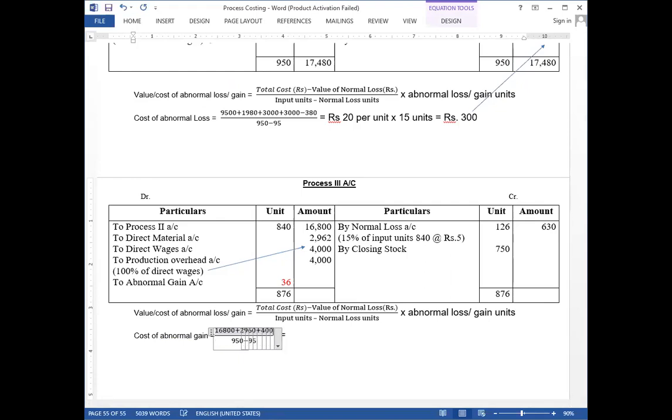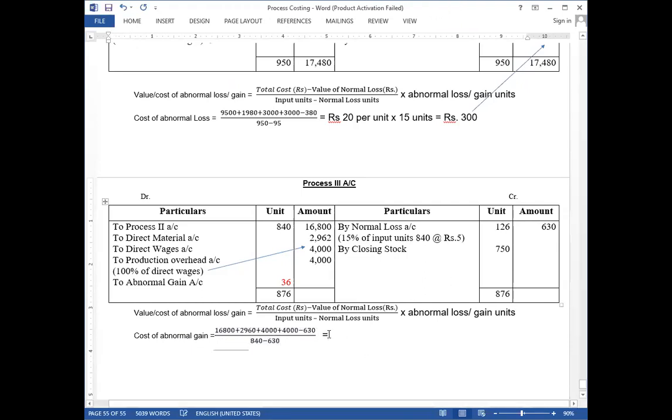2,962 plus 4,000 plus 4,000 minus the value 630, divided by 840 units minus 630 units.